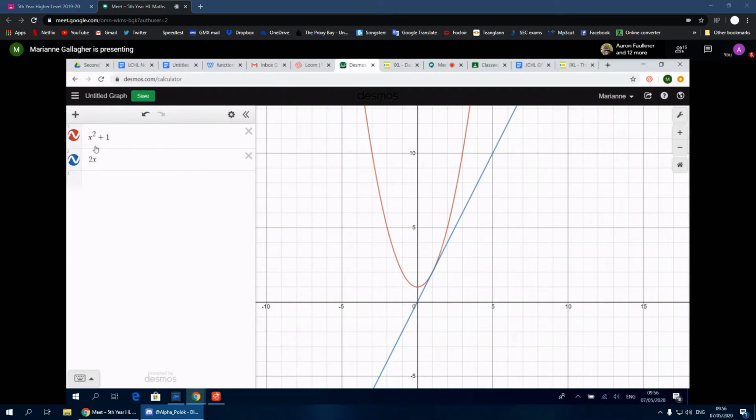And all you have to do is sub in. If you want to find the slope on x squared plus 1 at any point, you just sub in. So at x equal to 2, the slope is going to be 4. At x equal to negative 2.5, the slope is going to be negative 5.